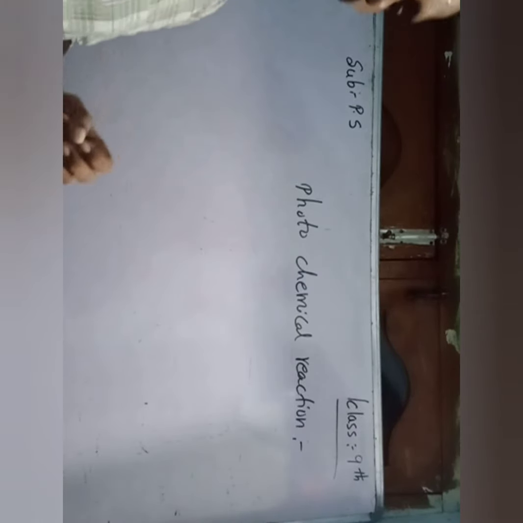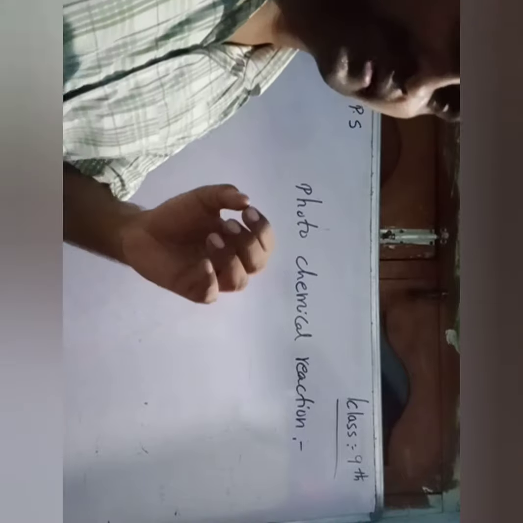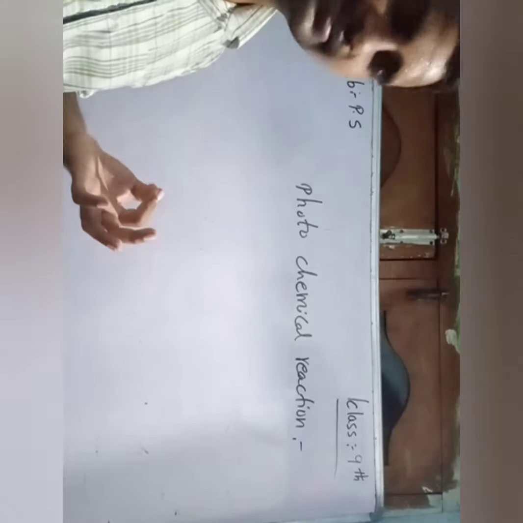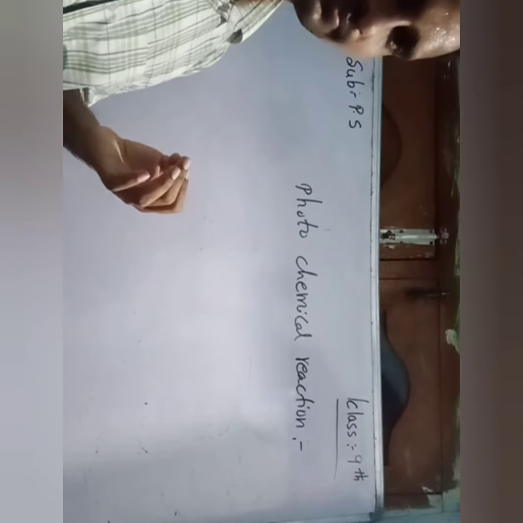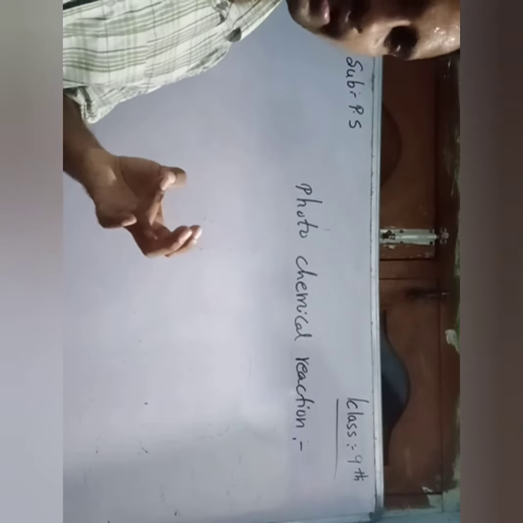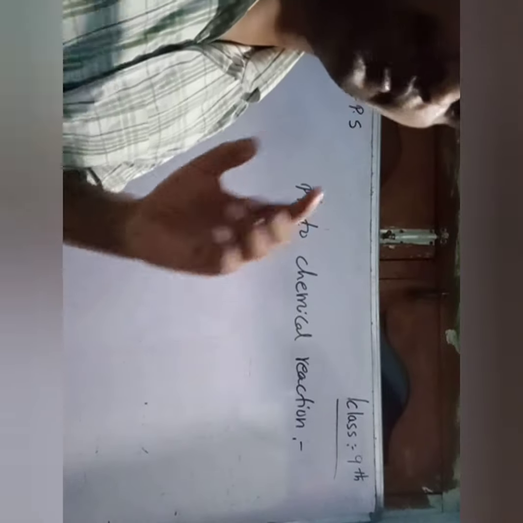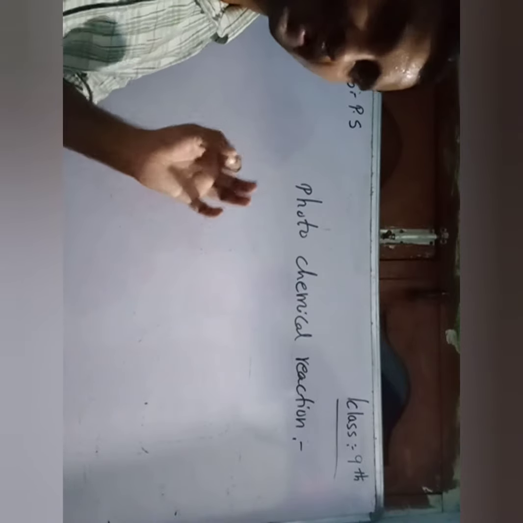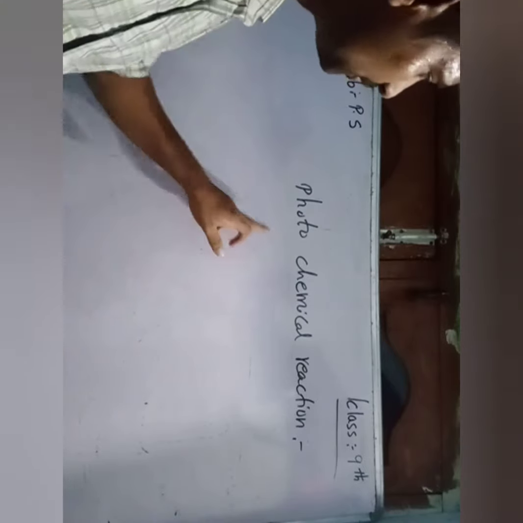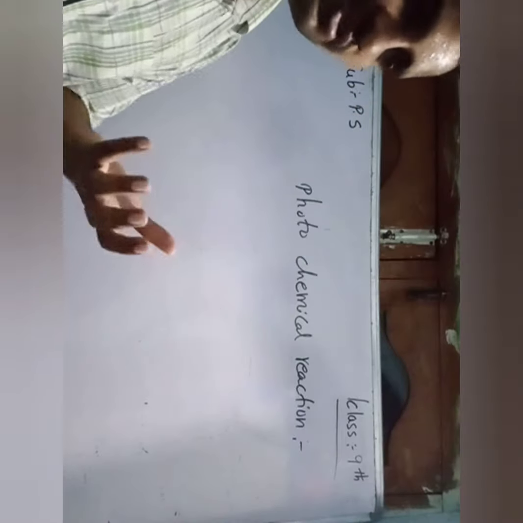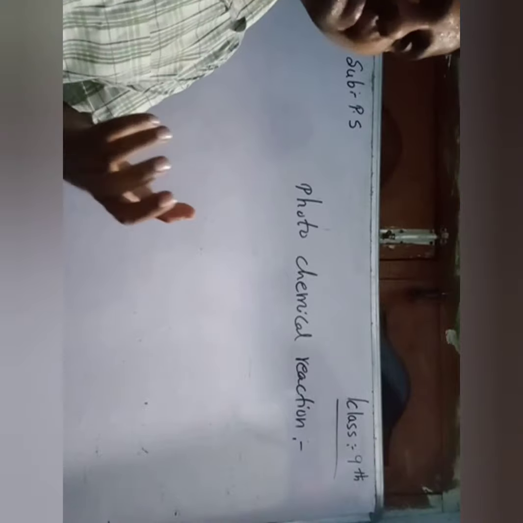For example, plants prepare food using sunlight: carbon dioxide and water give glucose and oxygen gas. This preparation of food by plants is an example of photochemical reaction. In a photochemical reaction, it absorbs the energy of the sunlight. Okay, clear?